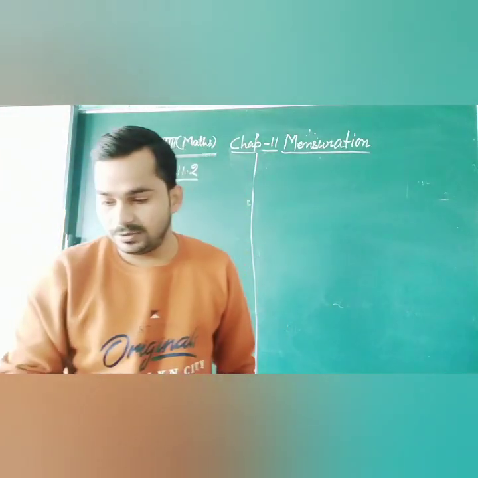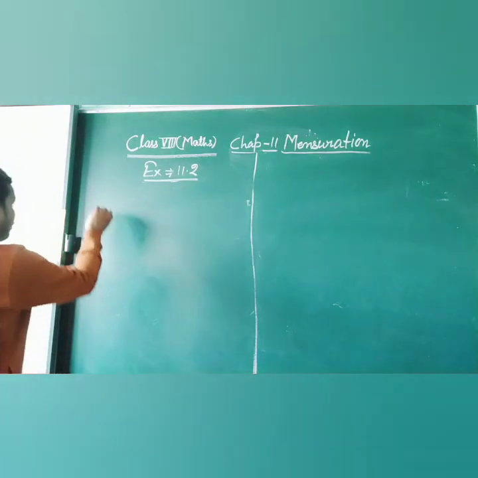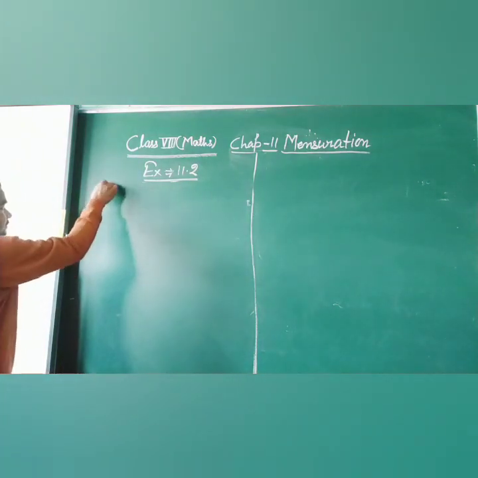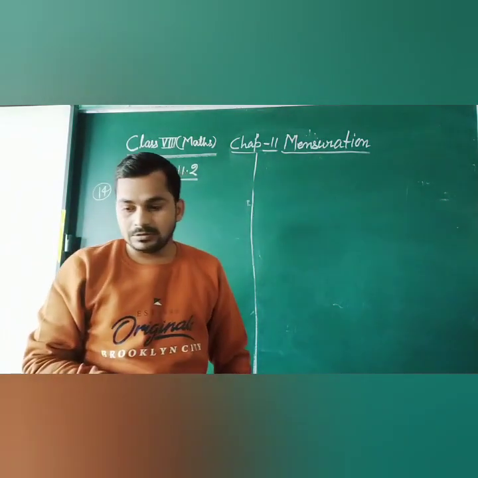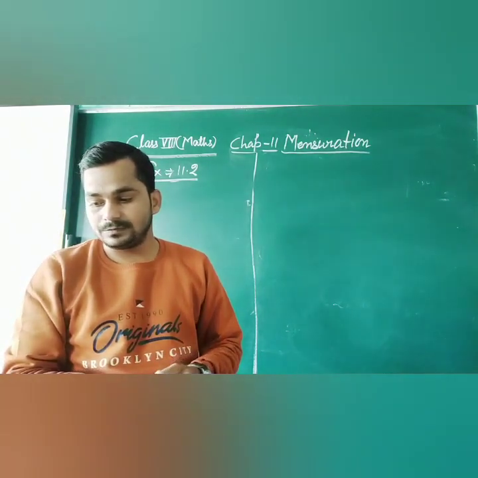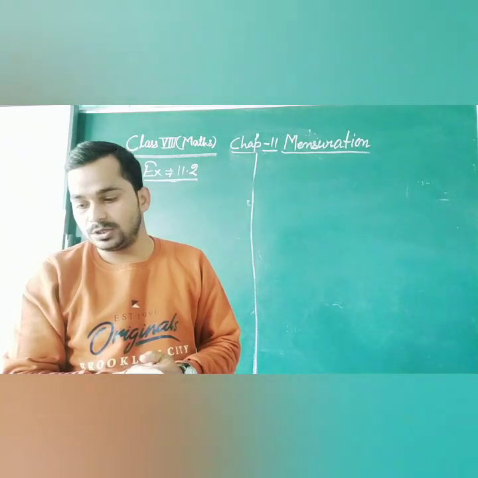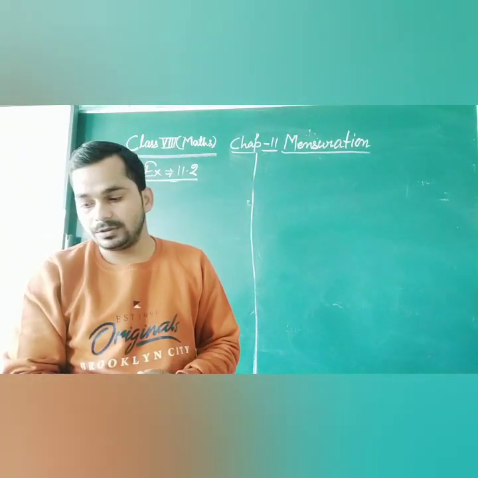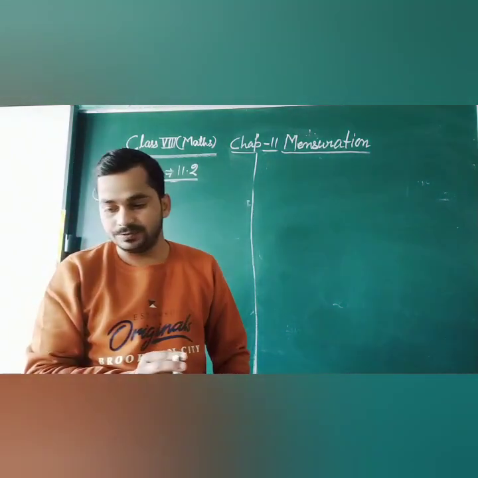Now question number 14. The parallel sides of a trapezium are given as 40 and 70 centimeters. If the non-parallel sides are equal, each being 25, then find the area of the trapezium.